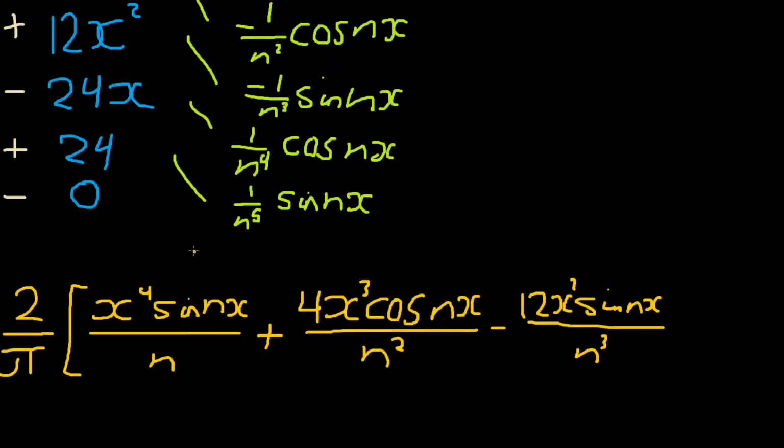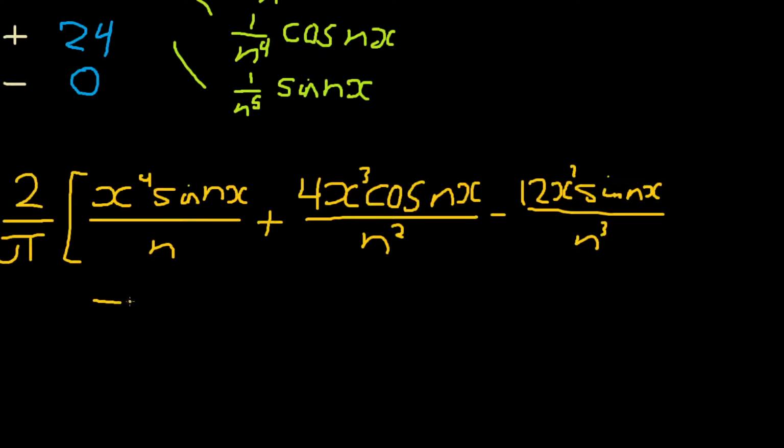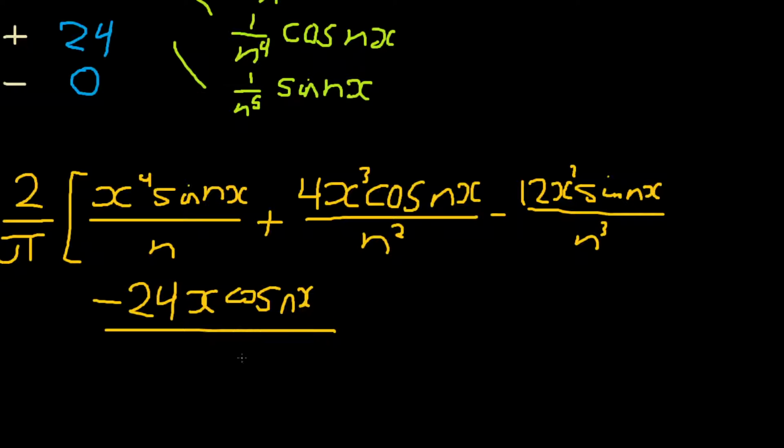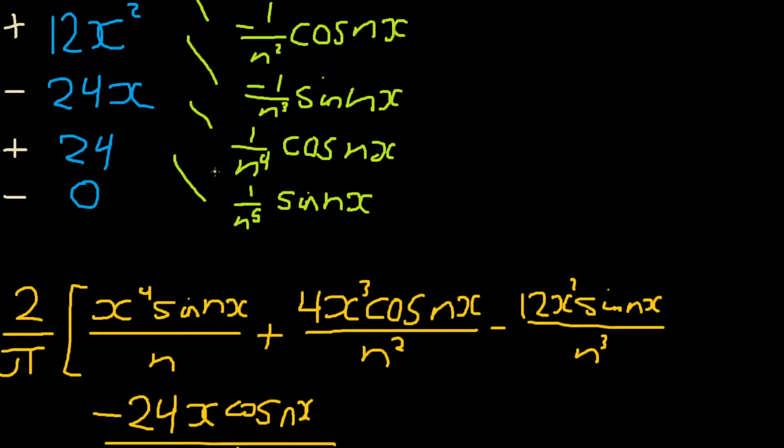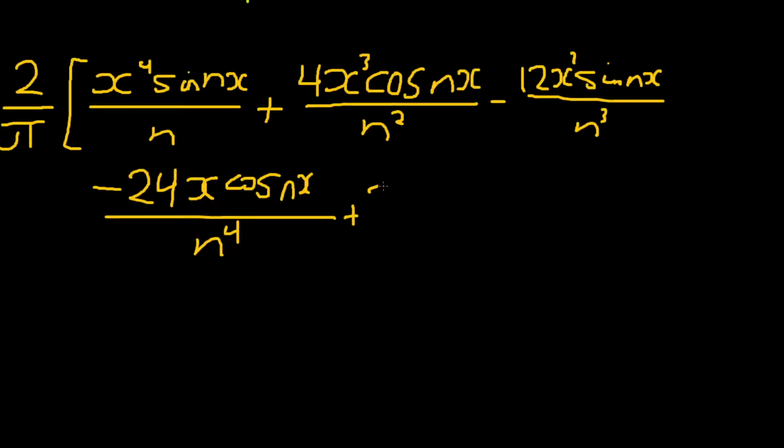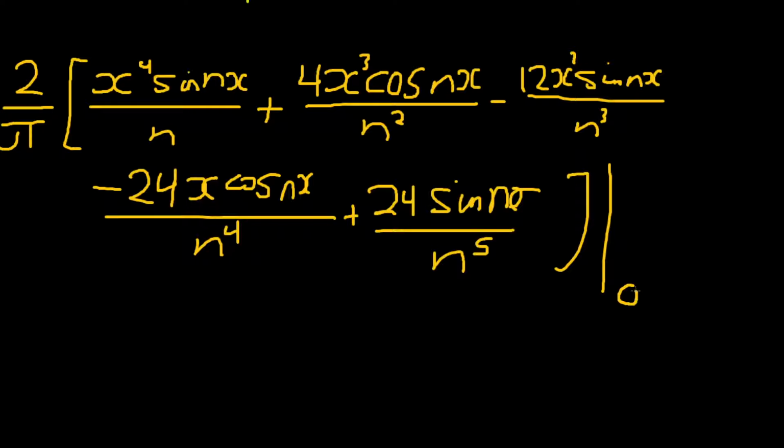Then we get minus 24x cos nx over n to the 4th, and then finally we get plus 24 sine nx over n to the 5th power, evaluated at 0 to pi.